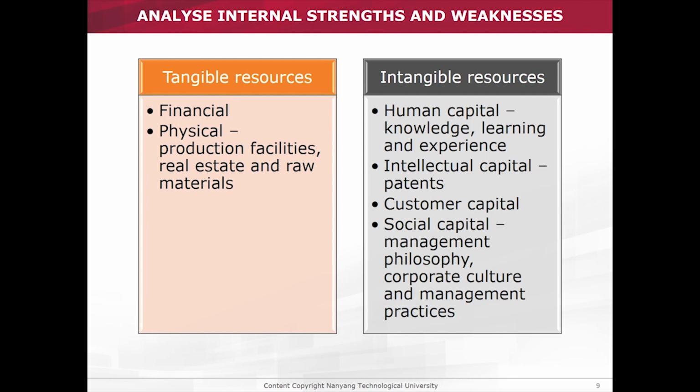Intangible resources would refer to human capital, for example, the knowledge, learning, and experience. Intellectual capital, for example, patents. Customer capital. And social capital, for example, the management philosophy, corporate culture, and management practices.